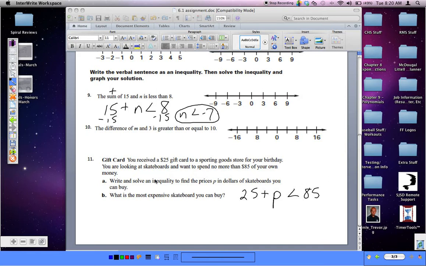And this should help you solve what is the most expensive skateboard you can buy. Because we're not going more than 85, we could also be equal to. And that's that for 6.1.